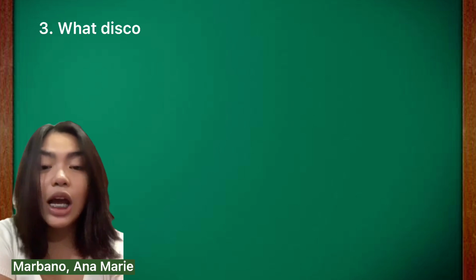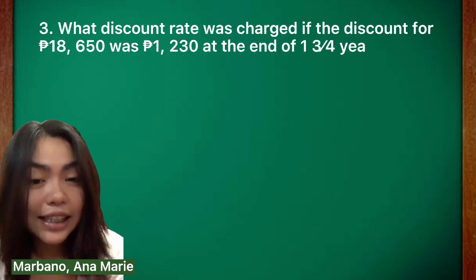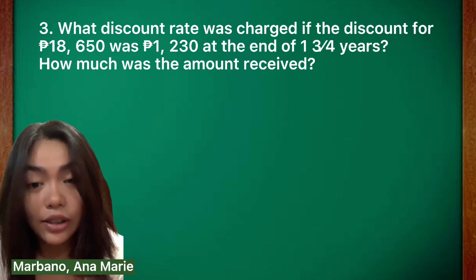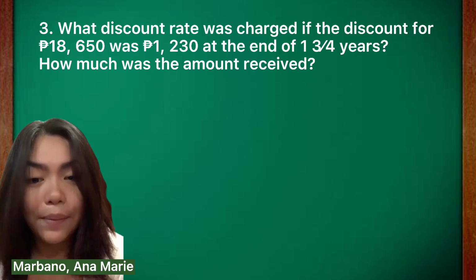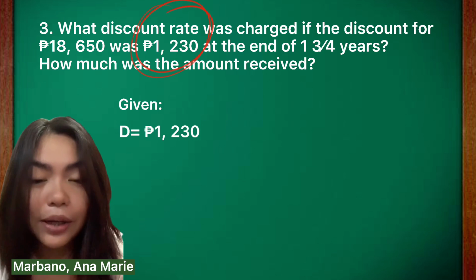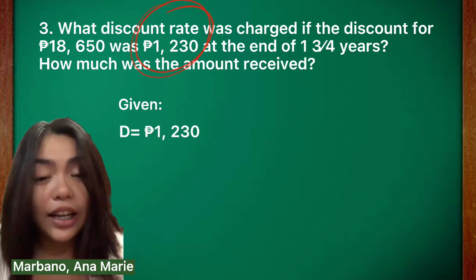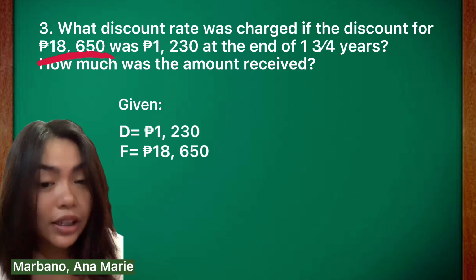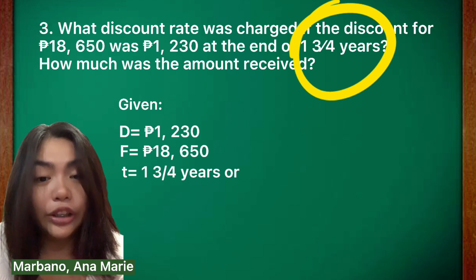Problem number 3. What discount rate was charged if the discount for 18,650 pesos was 1,230 pesos at the end of 1 3/4 years? And how much was the amount received? The given is the discount amount, which is 1,230 pesos, the final amount is 18,650 pesos, and the time, which is 1 3/4 years.